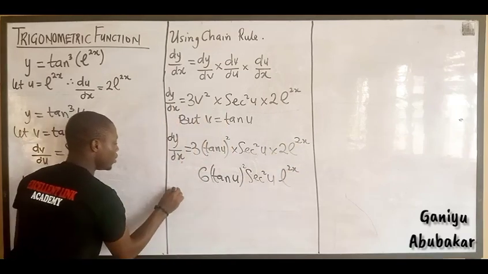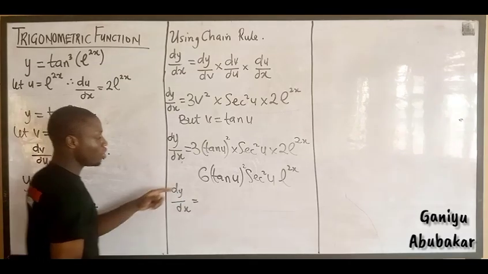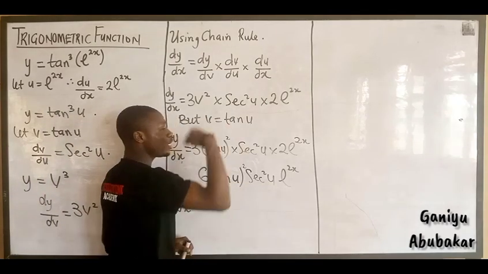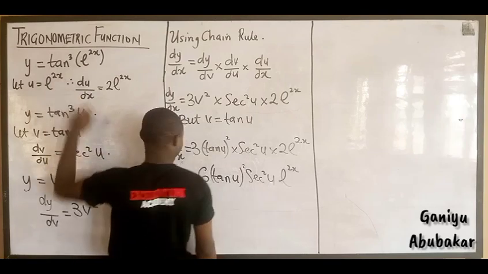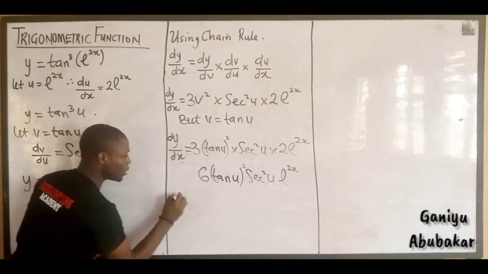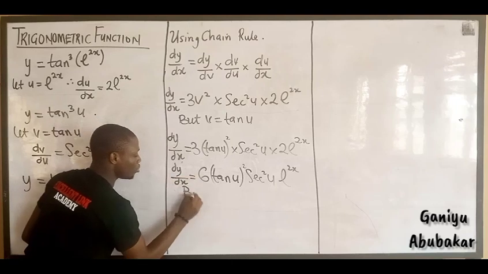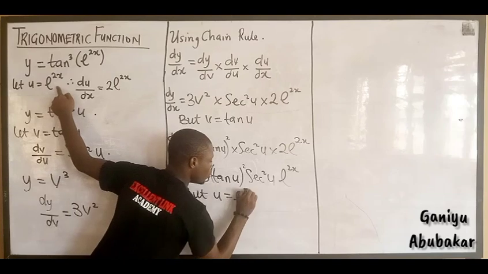At this point, dy/dx is obviously equal in value to, now listen, I'm seeing u. Take u back to x. What was u? u was exponential 2x.